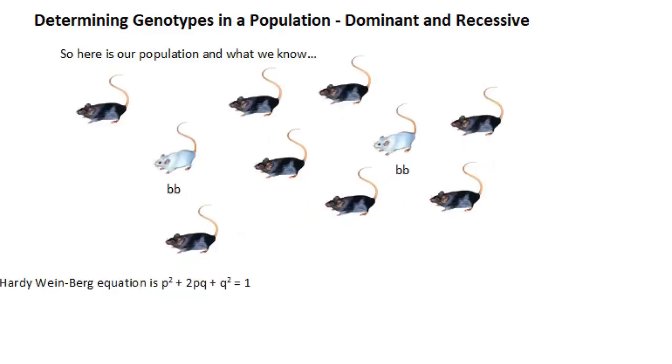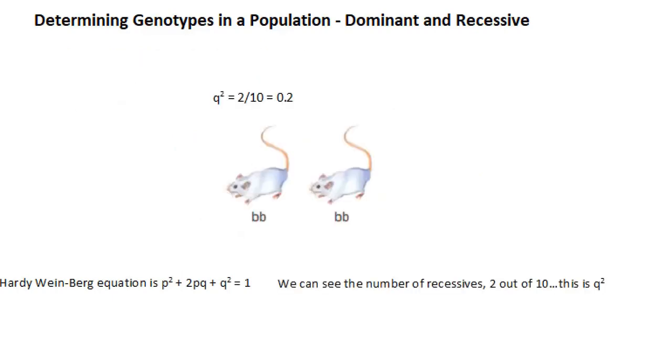Here again is Hardy Weinberg. 2 out of 10 is q squared. So q squared equals 2 out of 10, or 0.2. We know that q squared is 0.2.